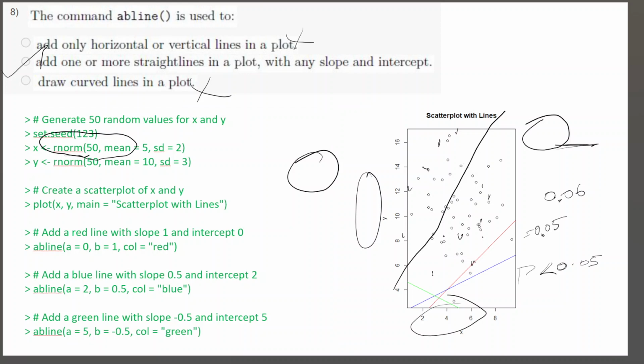I'm feeding x with 50 random variables with mean 5 and standard deviation 2, then y values with mean 10 and standard deviation 3. Then I'm plotting x with respect to y.